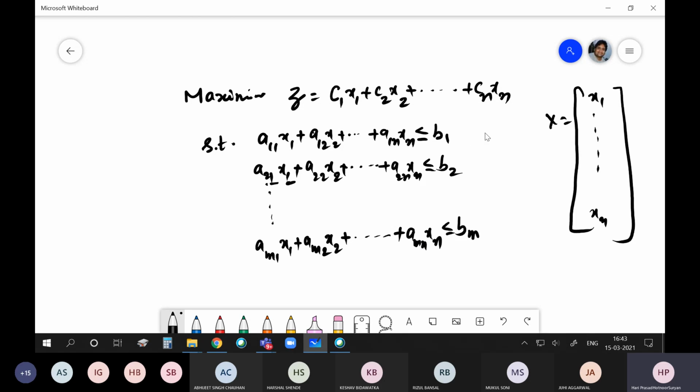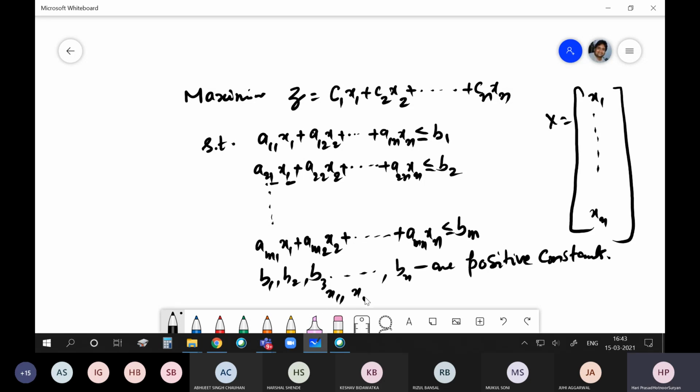Here all these a's are the coefficients, and b1, b2, b3 up to bm are positive constants, and also x1, x2, x3 are all greater than or equal to 0.